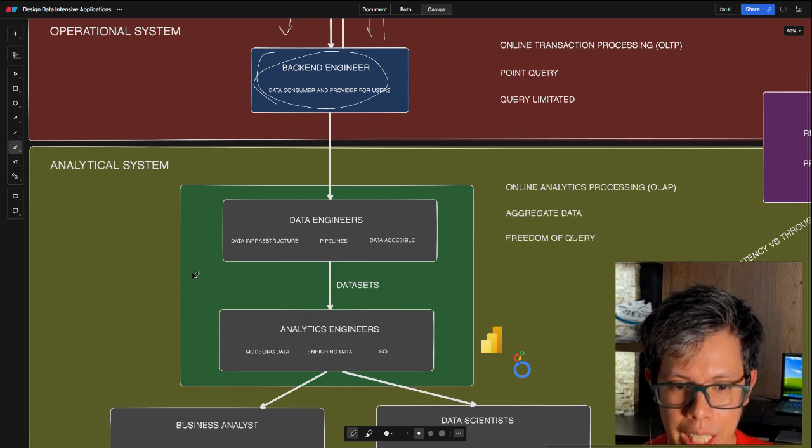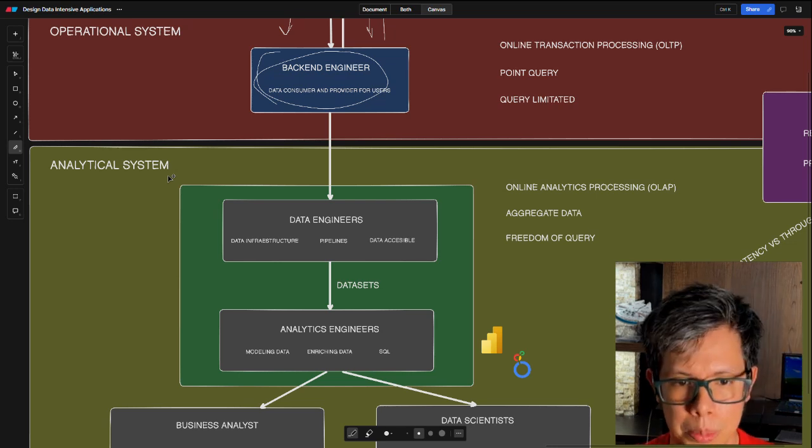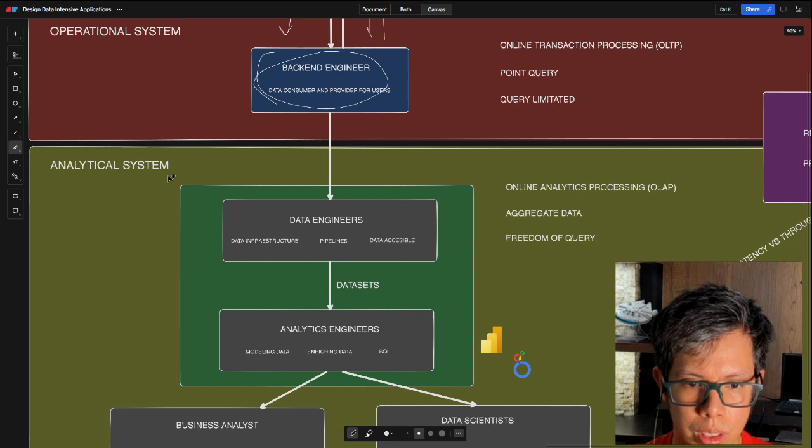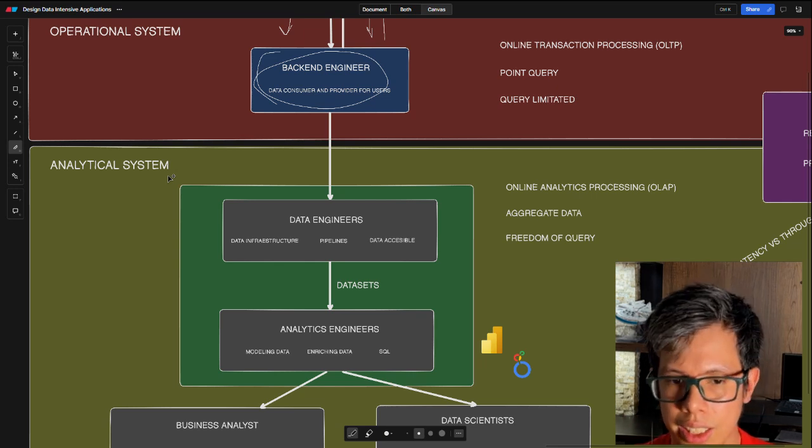So the only reason you might update this kind of data is when there is a mistake, when there is corrupted data and you want to fix it. But obviously that is not the idea.